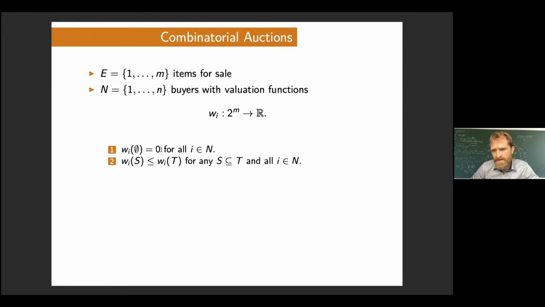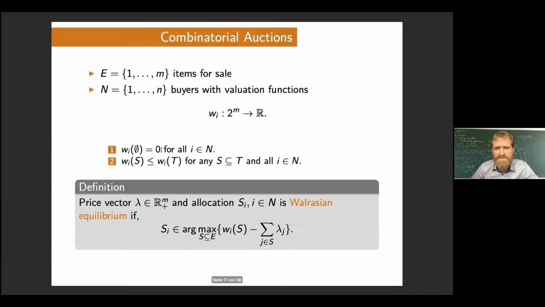And the auctioneer wants to determine prices for selling the items so that every buyer is happy, I mean, playing an equilibrium strategy. This is the definition of Walrasian prices. So a price vector and an allocation of items to buyers is a Walrasian equilibrium if every buyer gets a subset of items that maximizes the quasi-linear utility of that buyer.